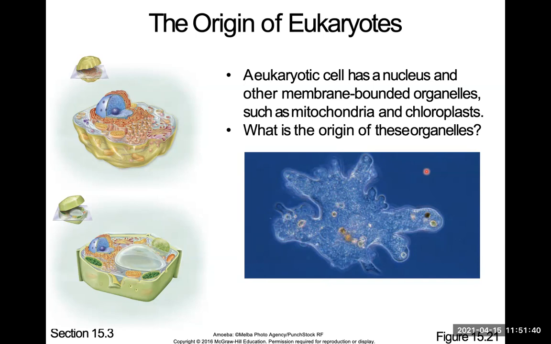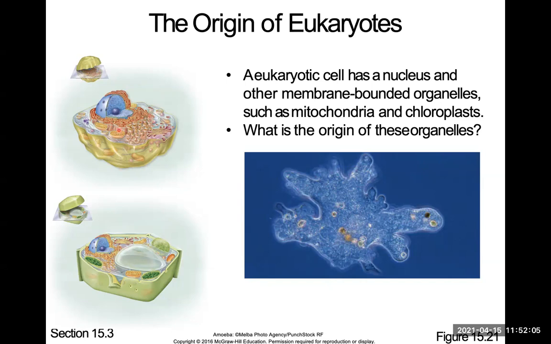Then these prokaryotic cells got even more complex and turned into the eukaryotic cell. A eukaryotic cell has a nucleus, and it has other membrane-bound organelles like mitochondria, endoplasmic reticulum, smooth endoplasmic reticulum, Golgi apparatus. Those are all the organelles.